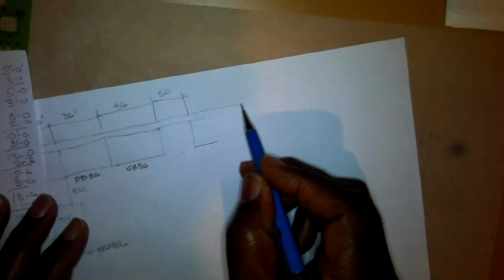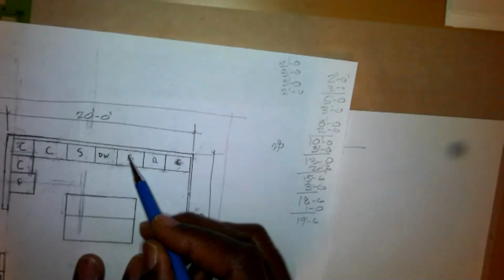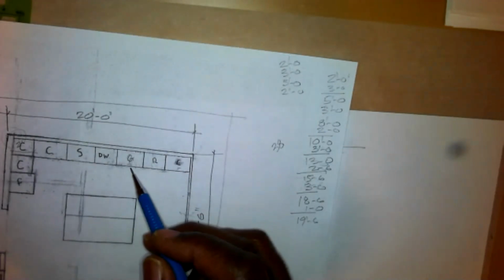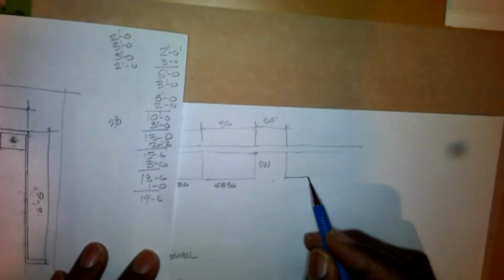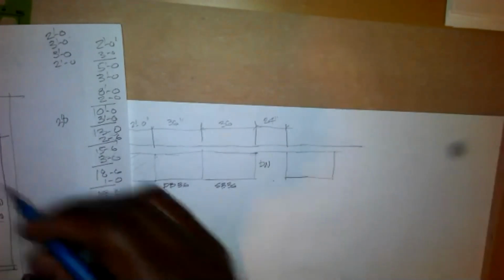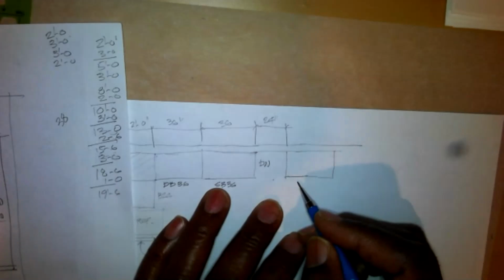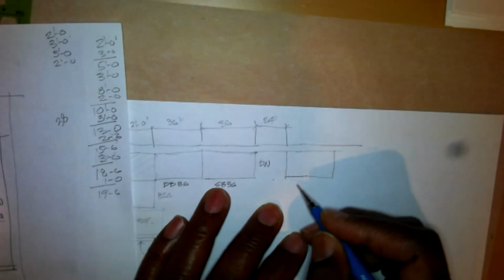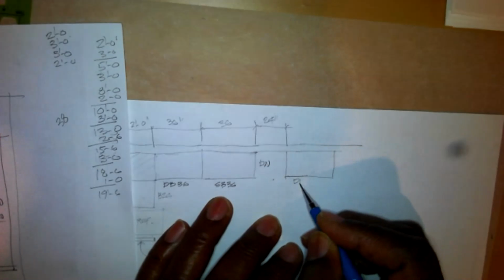This is your dishwasher, and then this is a base cabinet, and I think we made that 3 feet. So now you're going to come over here, and let's make this a DB 36.